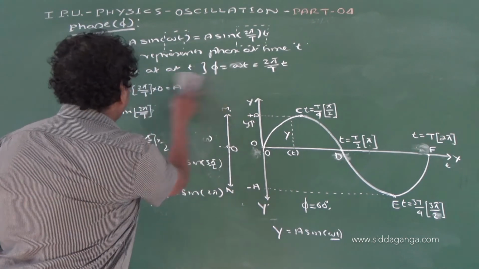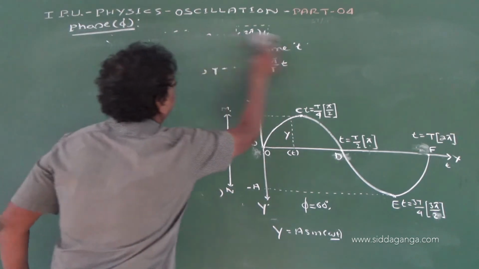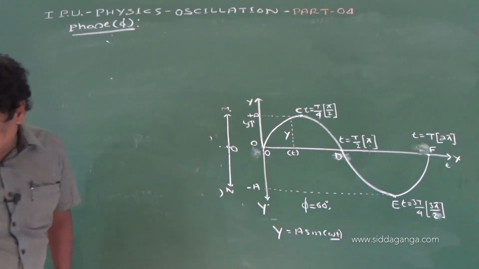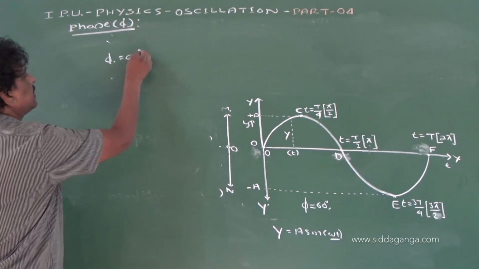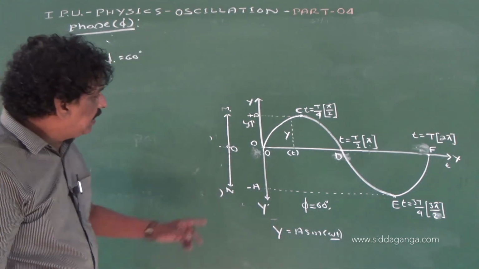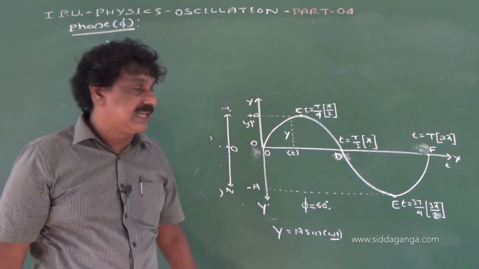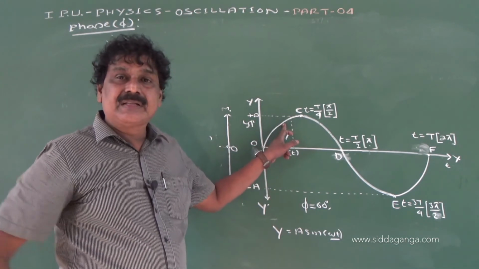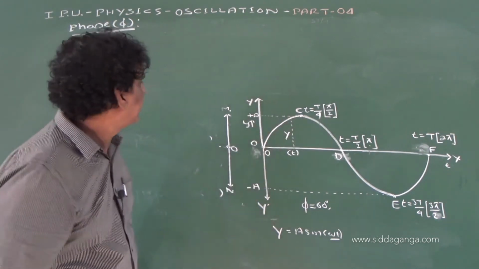When I say the phase of a particle at any instant of time is 60 degree, it means the particle is in between O and C, somewhere here, moving away from the mean position in the positive direction.